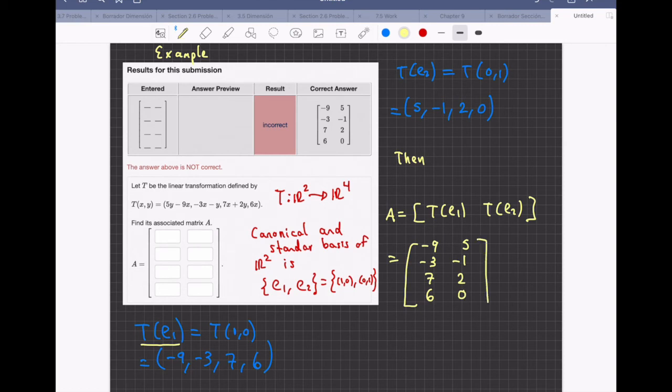You see? And this is how you get the matrix based on a transformation, okay? The associated matrix.